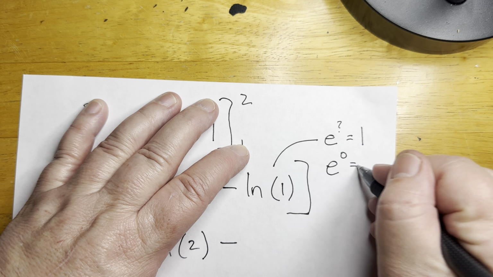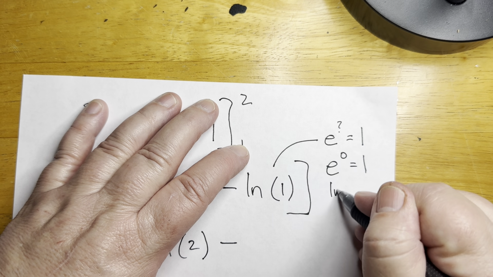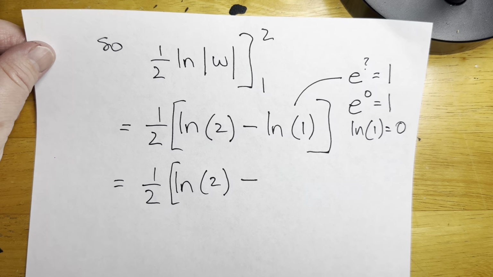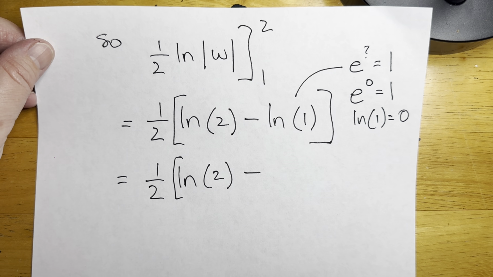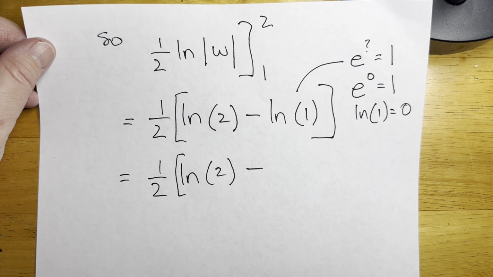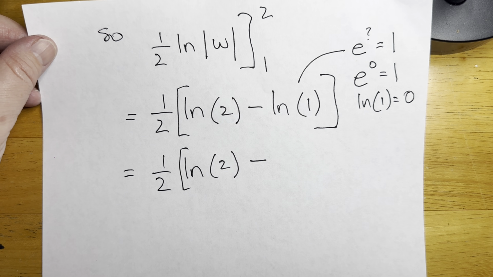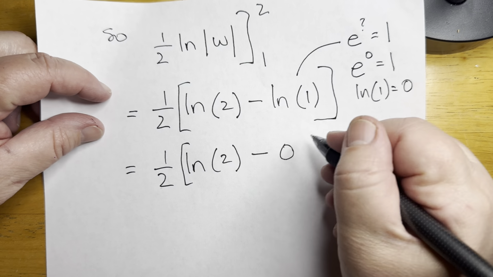E to the 0 is 1. So natural log of 1 is 0. So it's funny because we started out dealing with the inverse of tangent, and now we're dealing with the inverse of the exponential. Everything's the inverse. Everything is related.